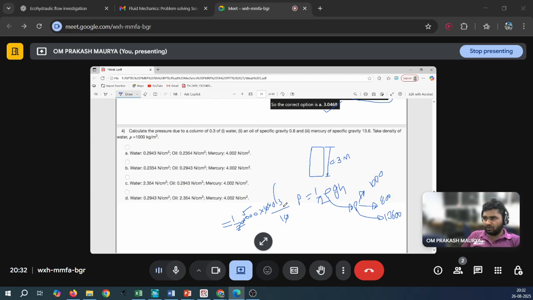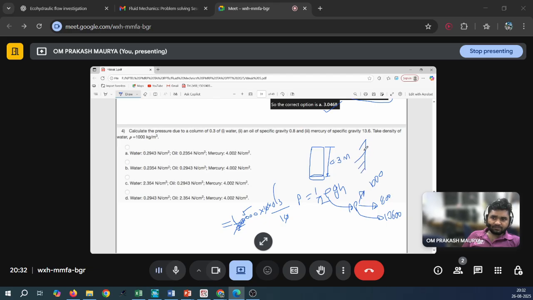Calculate the pressure due to the column of 0.3. Oh, so we are calculating here the pressure due to the column on the base. If you are calculating on the base, it will not be half.